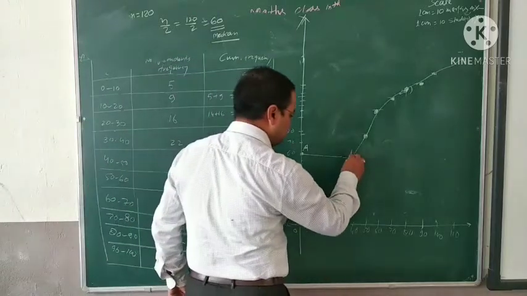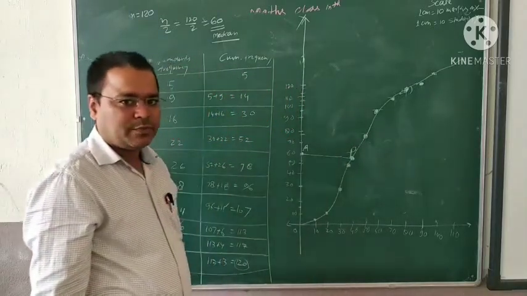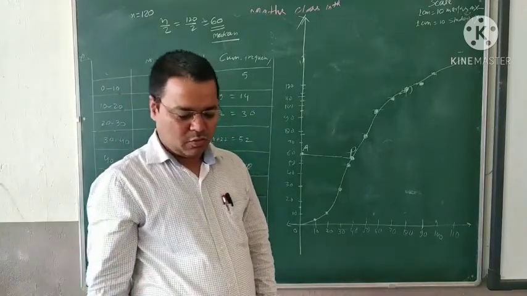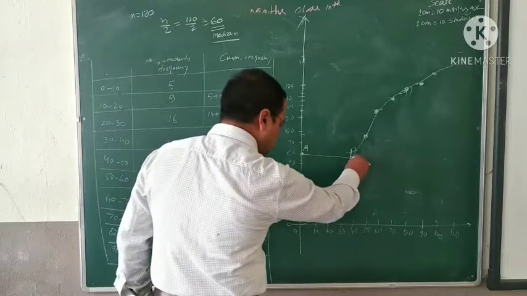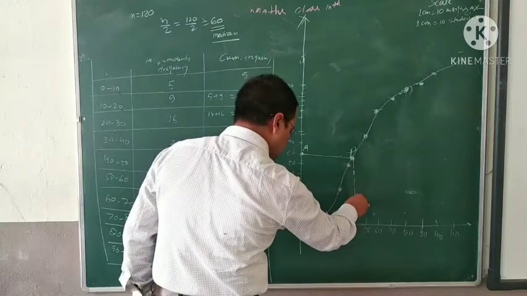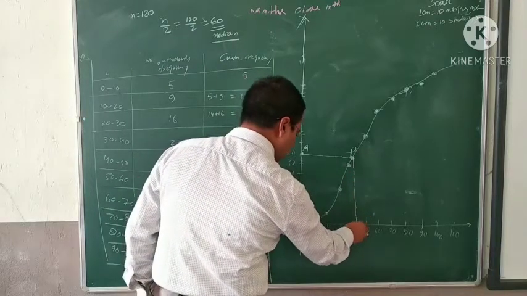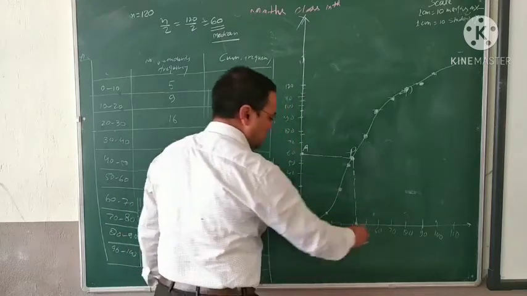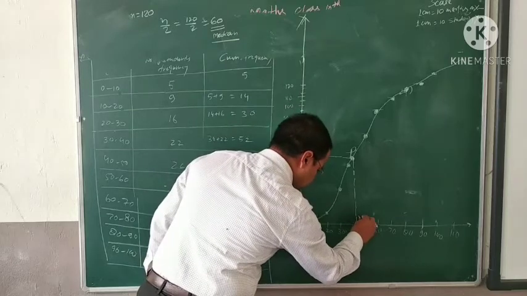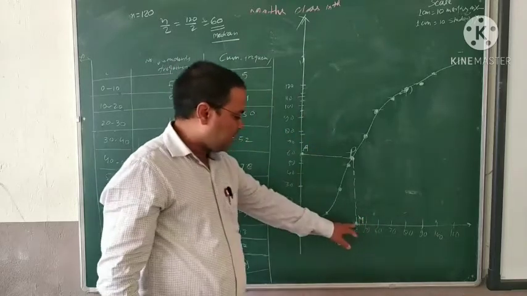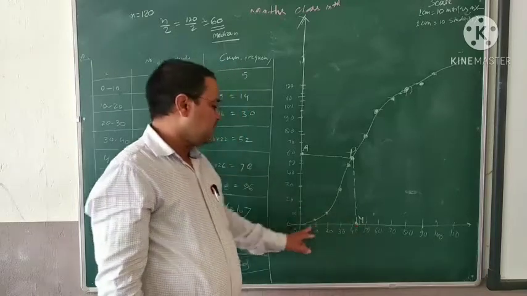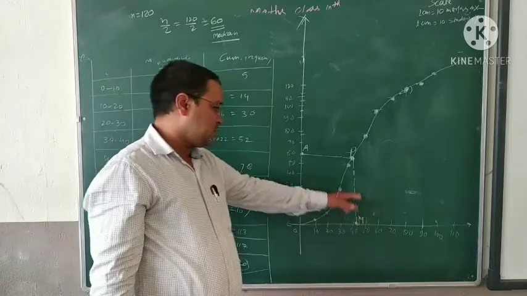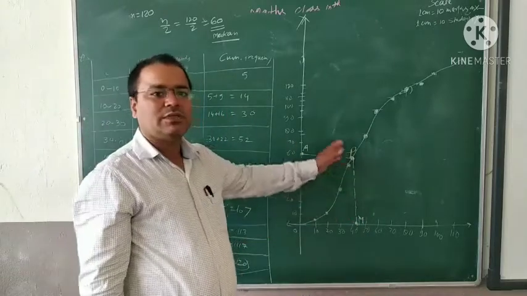This is the point P. Now from point P, we draw a perpendicular line to the x-axis, which intersects the x-axis at point M. This point M represents the median of this grouped data.